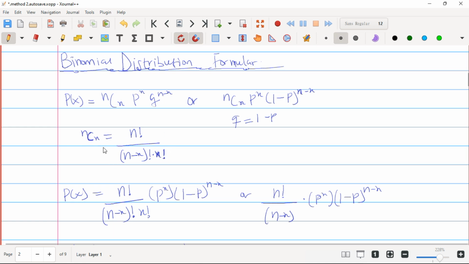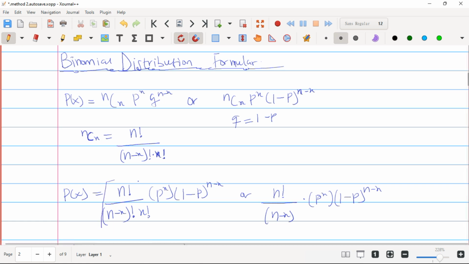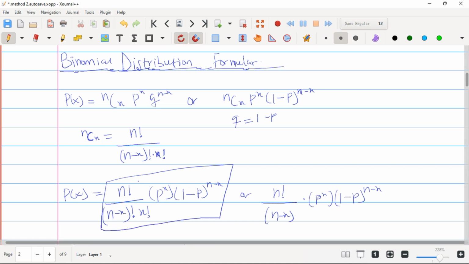Once you express it in this form, you replace it here. So in one way or the other, you can use this one as your PMF, the probability mass function, to solve your binomial distribution questions, or you can use the other one as your PMF.